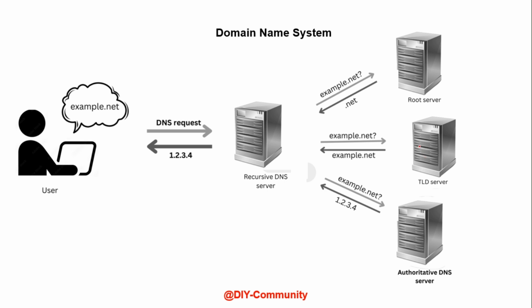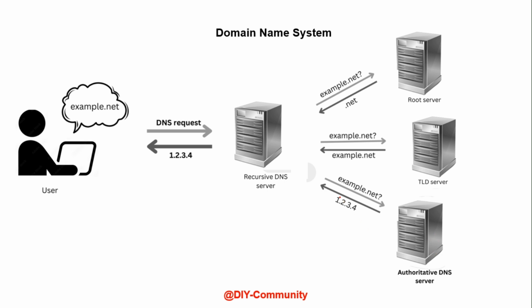You can have multiple TLD servers here, like .net, .com, and so on. The TLD server will contain the address of the authoritative DNS server, which is returned to the recursive DNS server. And again, your request is sent to the authoritative DNS server, which will contain the mapping of your IP address.